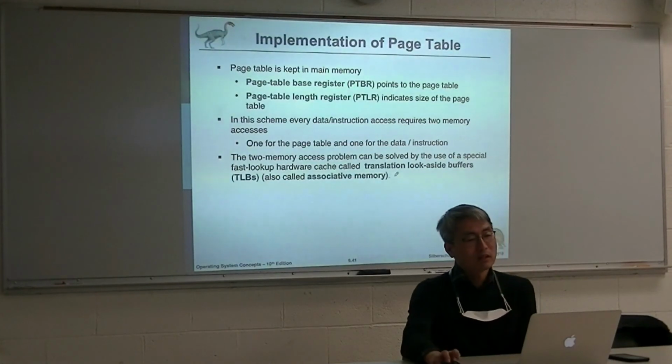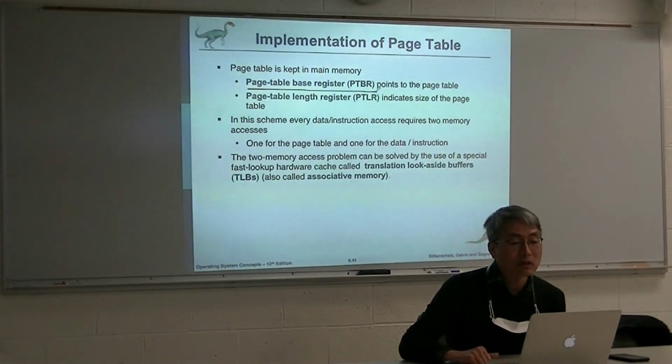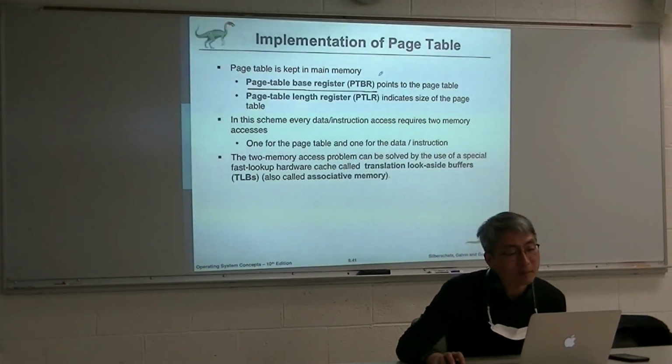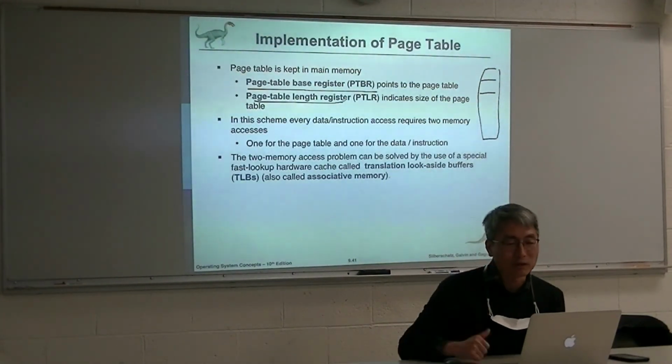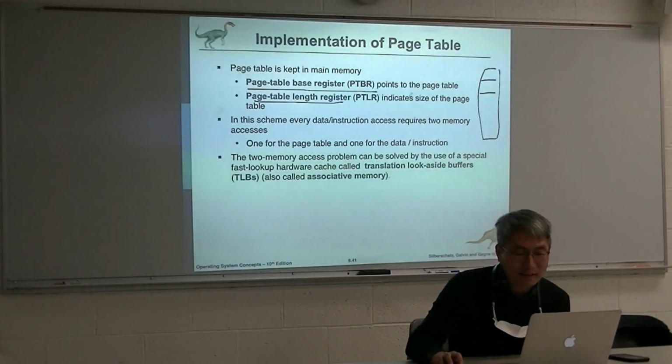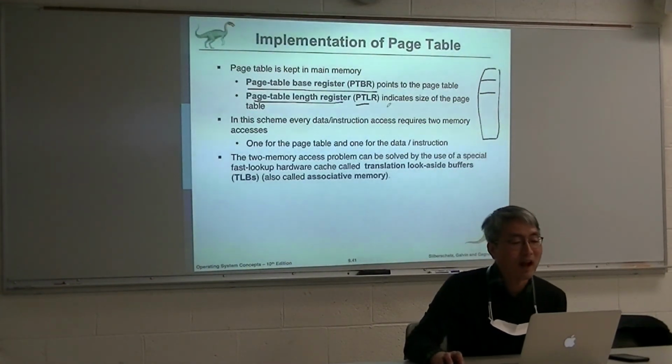So which means the CPU and operating system should know where the page table is. So the base register for the page table is called the PTBR. PTBR is the address of the starting of your page table, and also this is per process. There's no boundary of the memory, so we need to know the length, the limit of such a page table, which is the PTLR.